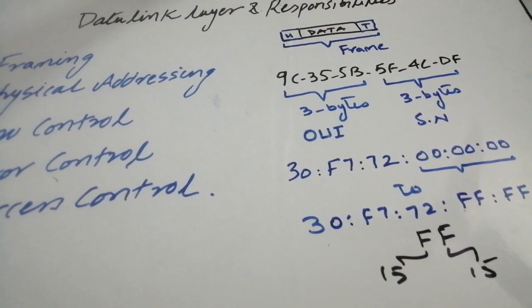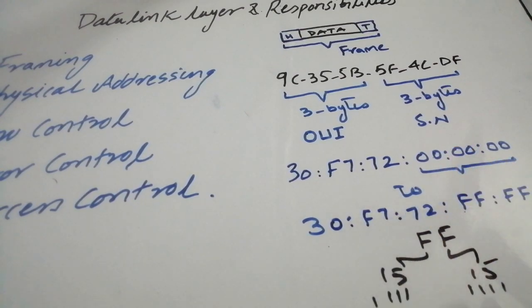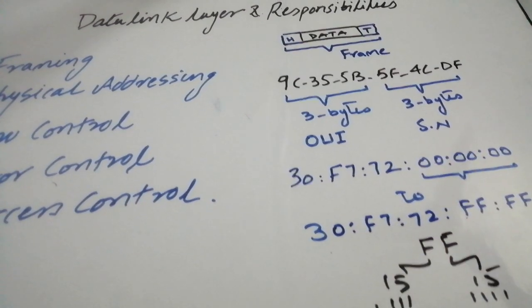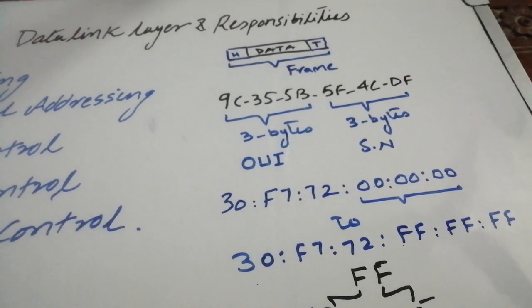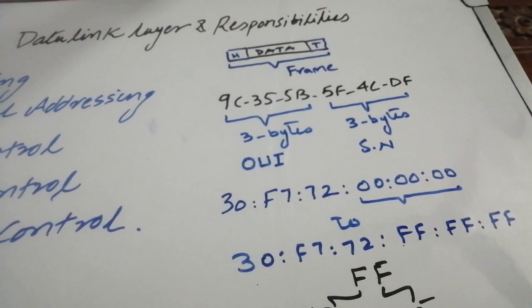Its binary equivalent is all ones. So FF means all ones. So from all zeros to all ones, this is the range of MAC addresses.